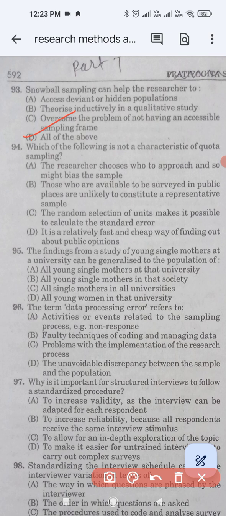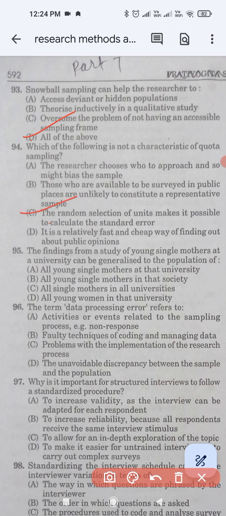Option C, the random selection of units makes it possible to calculate the standard error. And option D, it is relatively fast and cheap way of finding out about public opinions. So which one is the correct answer? The correct answer is option C. The random selection of units makes it possible to calculate the standard error. Option C is the correct answer.